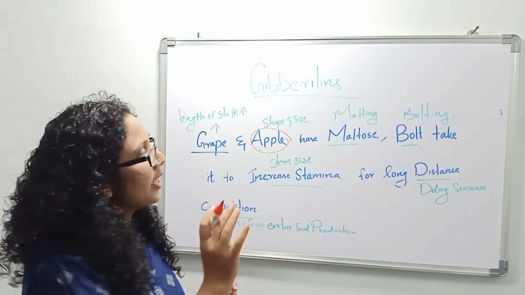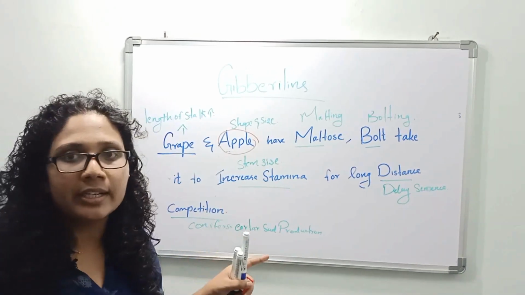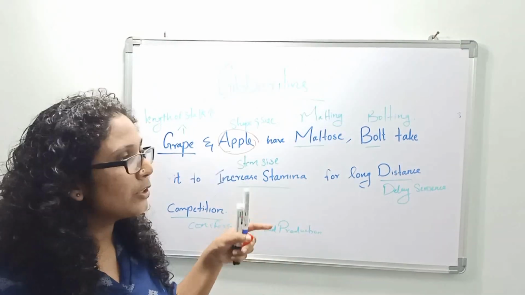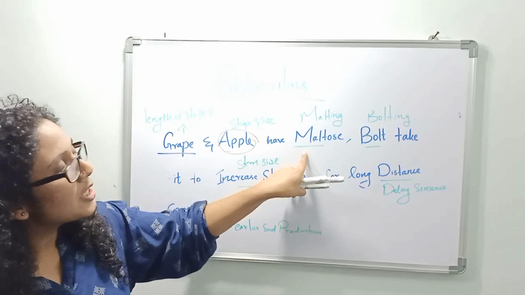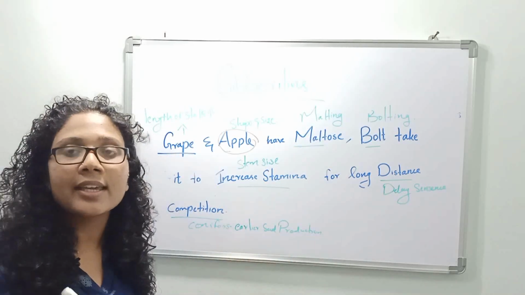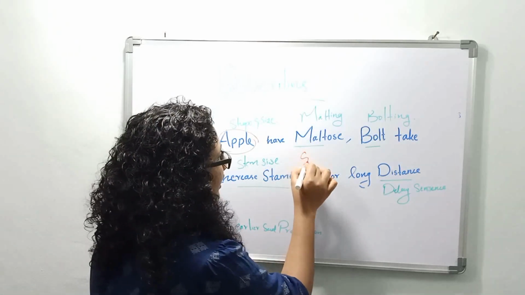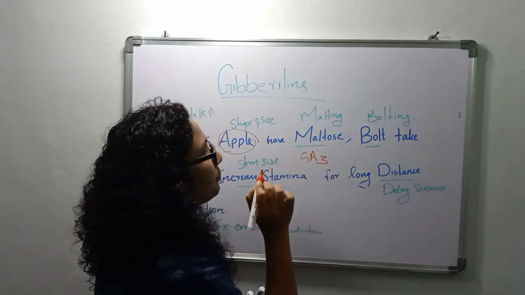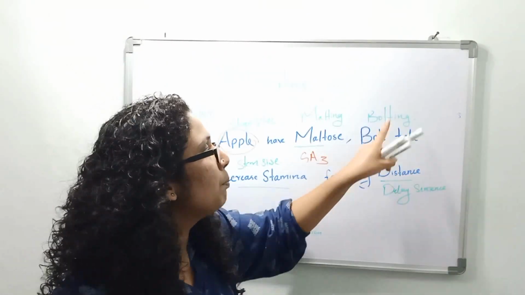And the next function of gibberellin is malting or brewing, that is fermentation of alcohol or production of different types of beverages. Which gibberellic acid is used in this malting process? Gibberellic acid 3, the first gibberellic acid discovered.